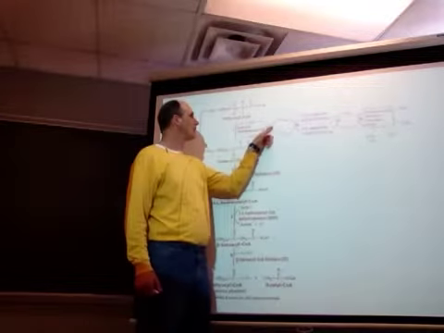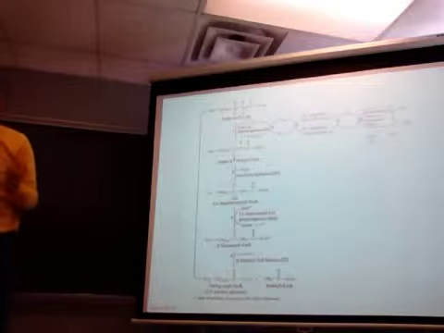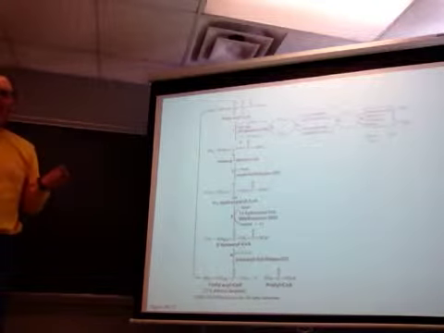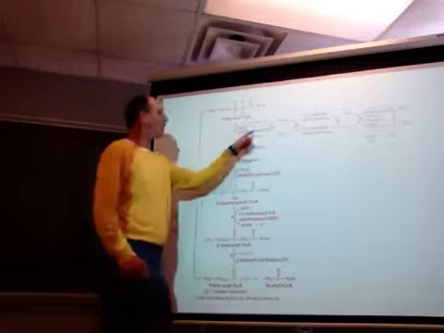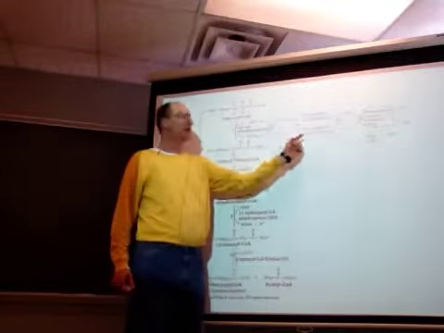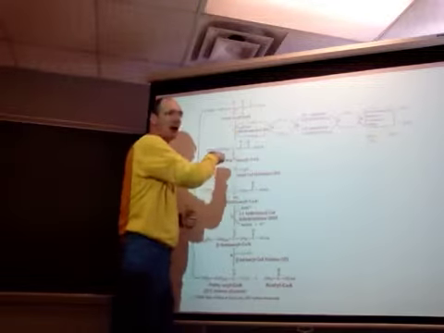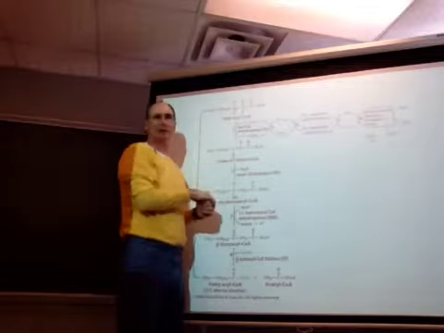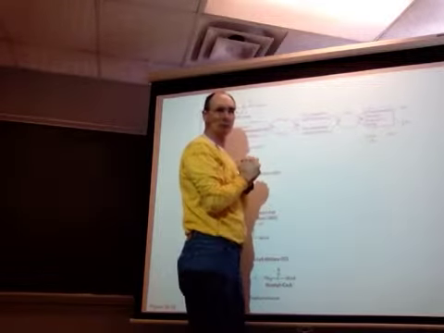There are a number of other FAD-utilizing dehydrogenases for other systems that also go through this intermediate. So this system lets a number of other peripheral FAD-linked dehydrogenases feed their electrons into coenzyme Q.